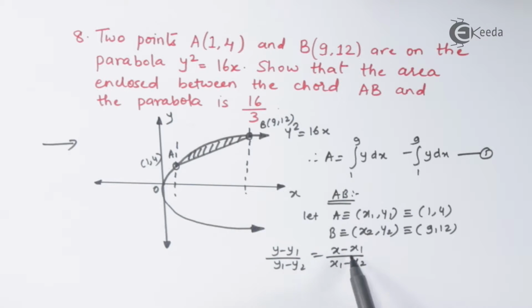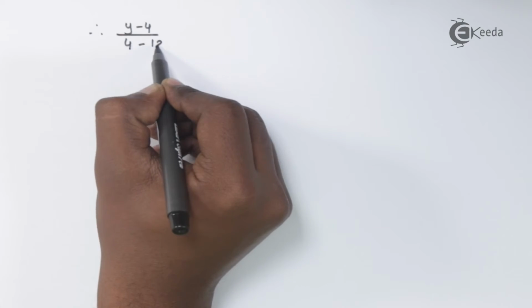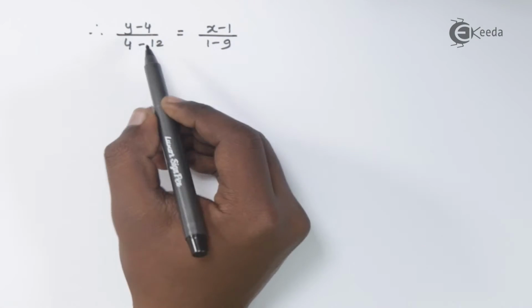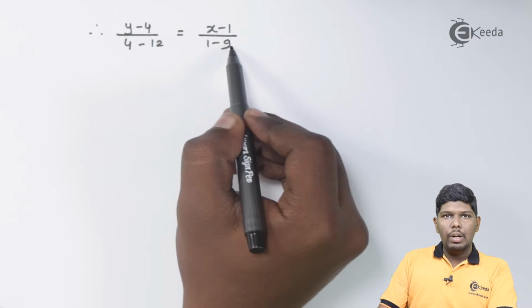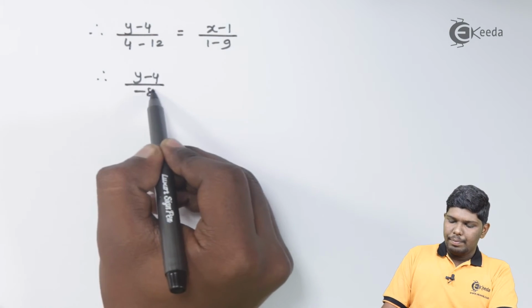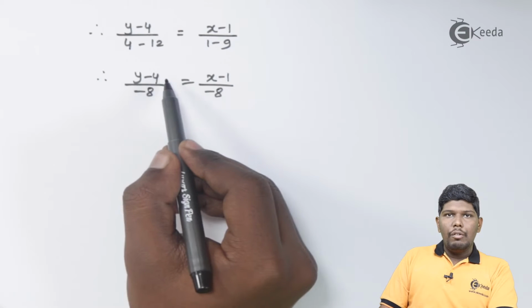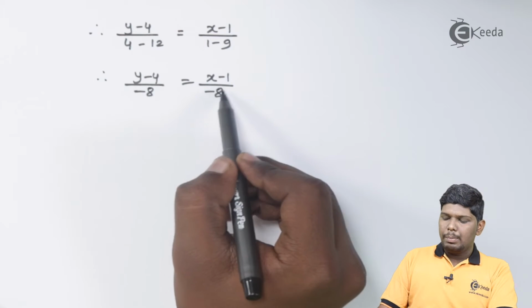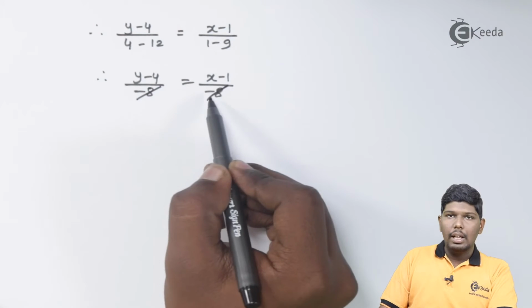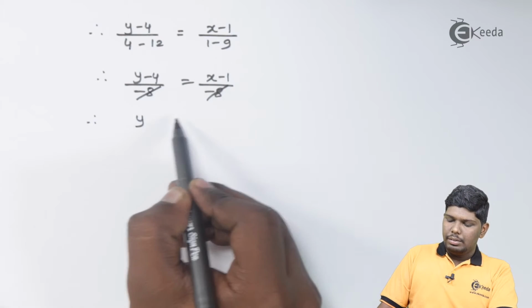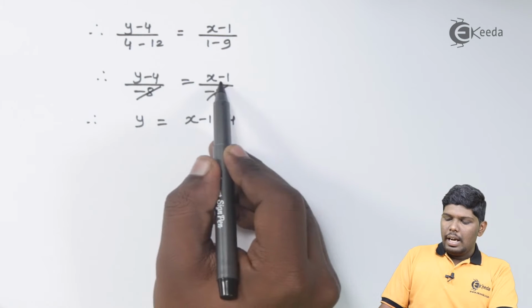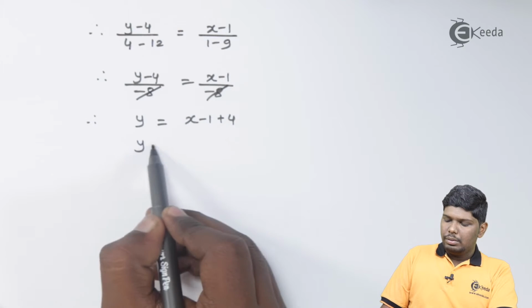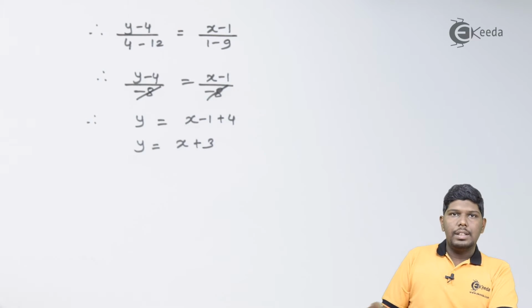Let us substitute the values. This will give you (y minus 4) upon (4 minus 12) is equal to (x minus 1) upon (1 minus 9). We have (y minus 4) upon minus 8 is equal to (x minus 1) upon minus 8. Minus 8 will be cancelled. y will be x minus 1 plus 4, that will be x plus 3.